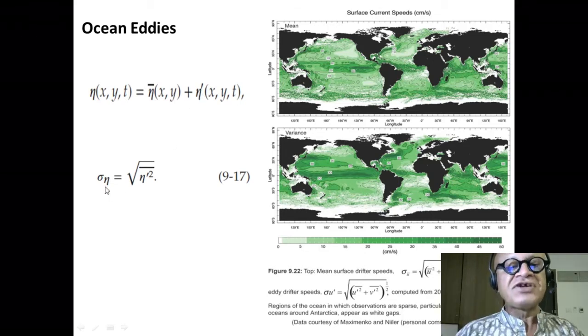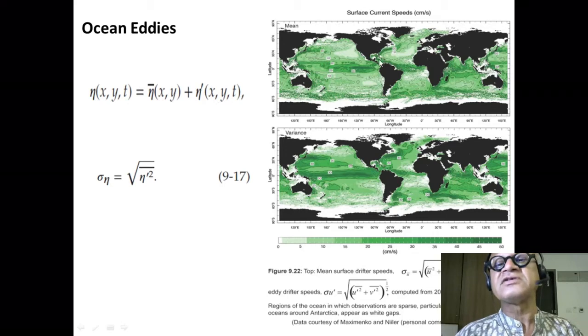So the variance is basically the square root of that squared, averaged over time. What does that give us? This is what we had seen before: mean surface current speeds and variance, which is estimated as u bar squared plus v bar squared, to the 1/2, square root of that.